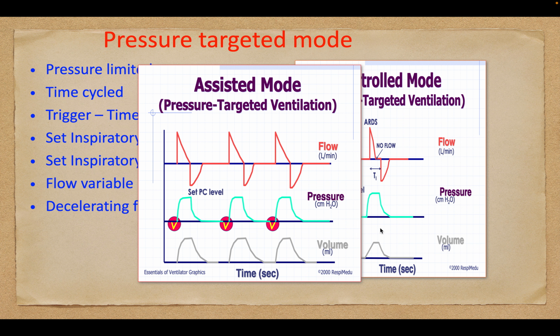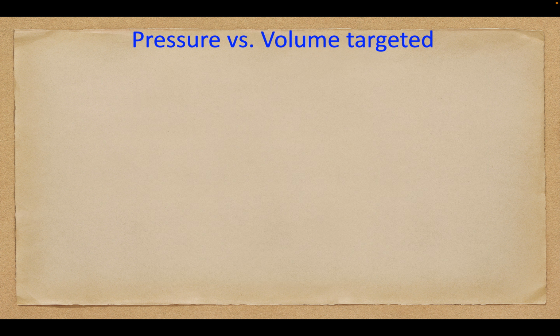The same assist control mode in pressure targeted ventilation shows a negative deflection, unlike this graph where there is no negative deflection. So the moment you see a decelerating flow and a negative deflection with a preset pressure, you are dealing with an assist control pressure control mode.